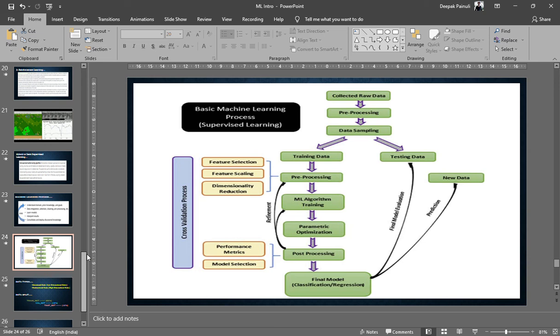At that time we will check whether this model is performing well on testing data also. If that is the case, then you can use it, right? But if not, you need to check what data you have provided, how your learning took place, and whether this model is perfect or not, all on the basis of performance metrics.